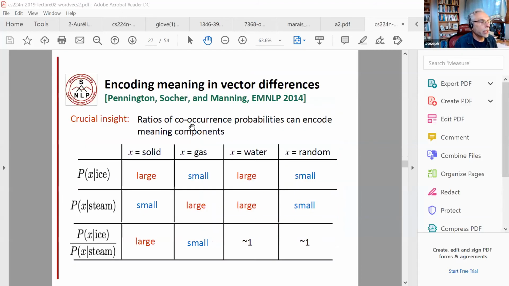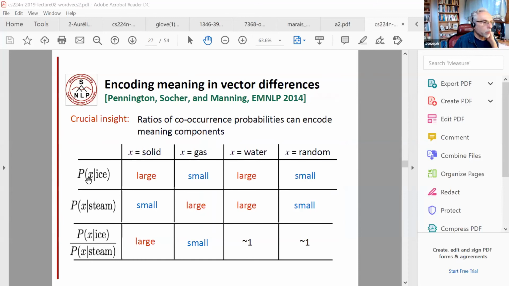Now this is like a segue into his work with GloVe. His graduate student Pennington and Socher may have been a postdoc or whatever, and Manning, they invented this technique called GloVe. And their critical insight was that ratios of co-occurrence probabilities can encode meaning components. So let's just take a look at this really quickly.